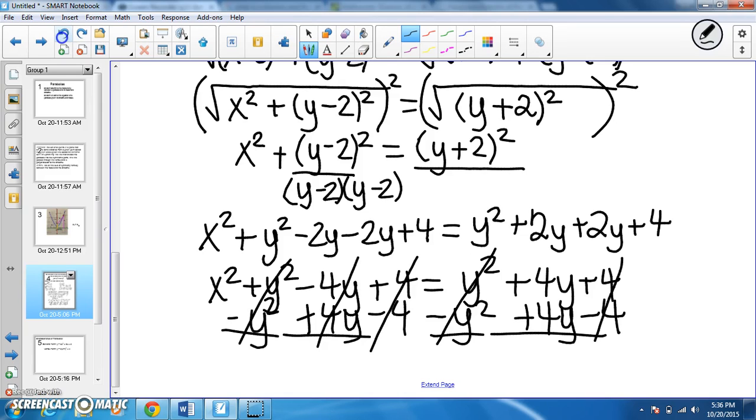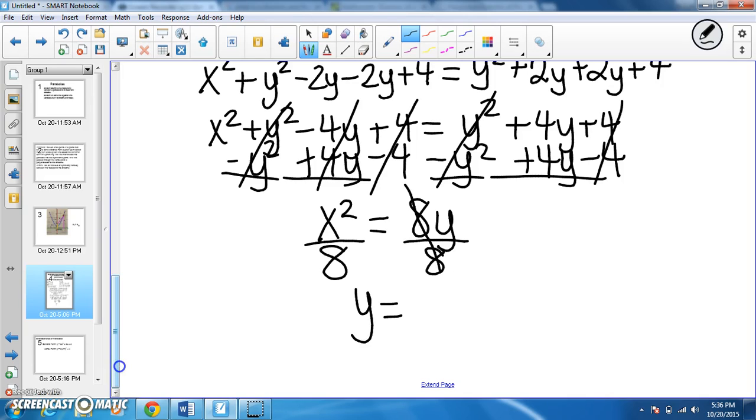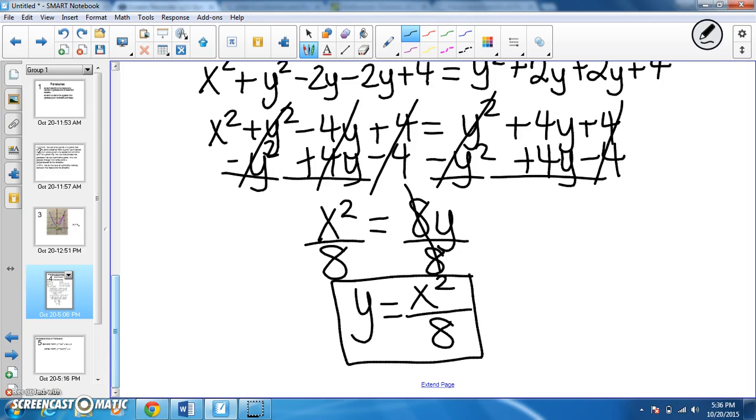The 4's are going to cancel. So what we are left with is, on the left side of the equation, x squared is equal to 4y plus 4y, which is 8y. To get y by itself, we divide by 8, and we get y is equal to x squared divided by 8 as our equation of this parabola.